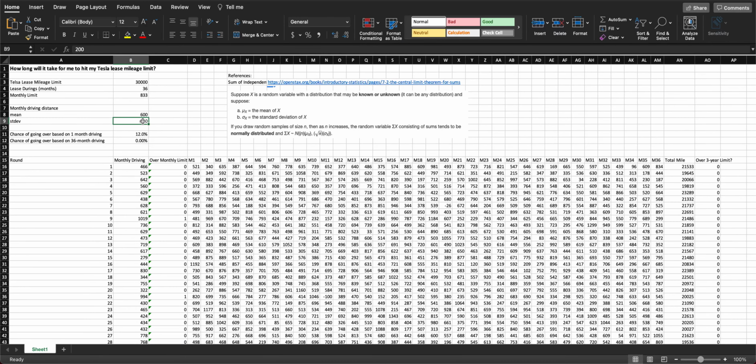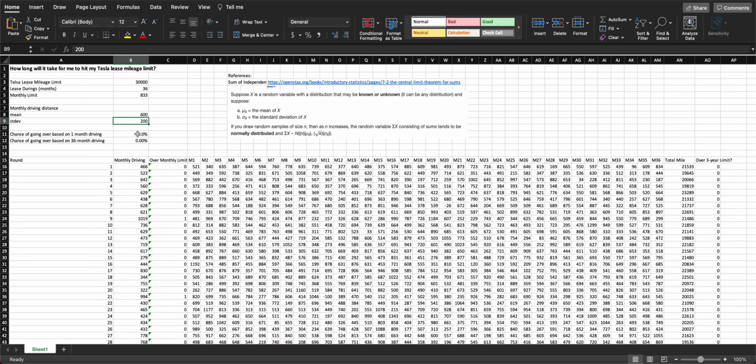However, there's some variation, right? Sometimes I drive less, for example on weekends, or on other weekends I drive more. So let's say it's some kind of random statistical distribution, with a mean of 600 and a standard deviation of 200. Let's say normal, but it doesn't really have to be normal. For simulation purposes, let's say it is normally distributed.